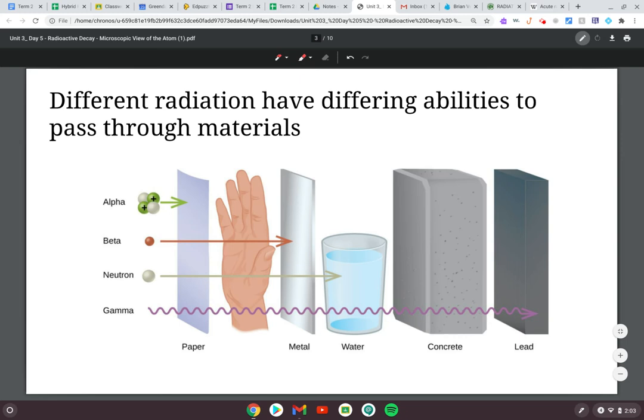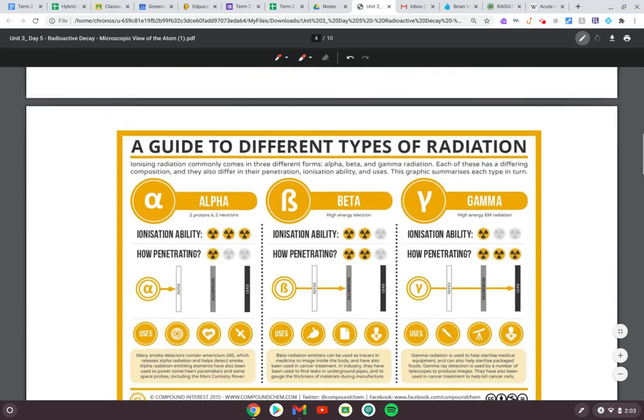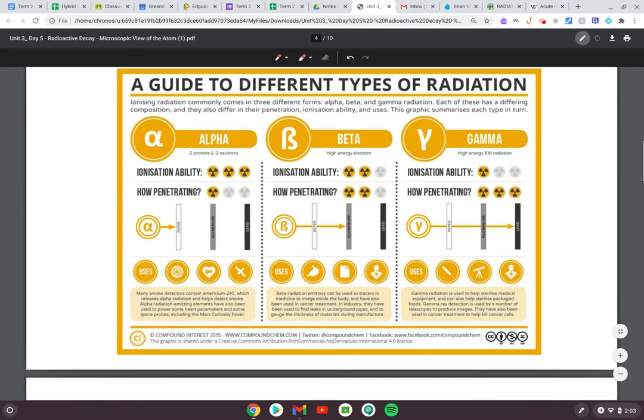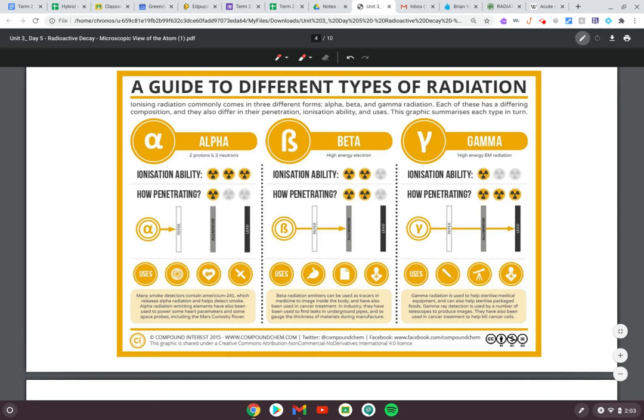And what happens is that it can travel through paper, it can travel through your flesh, it can travel through metal, it can travel through water, but very thick pieces of concrete can stop it, and really dense metals like lead can stop it.